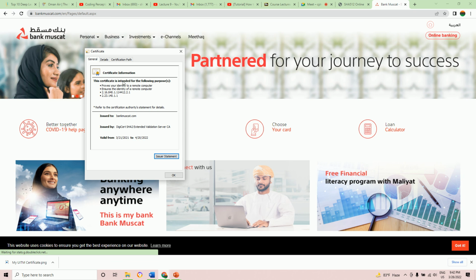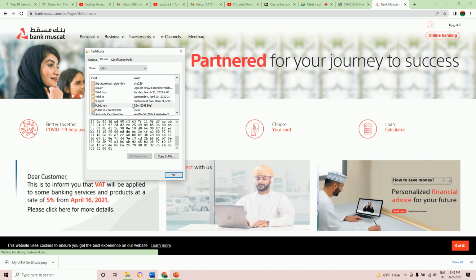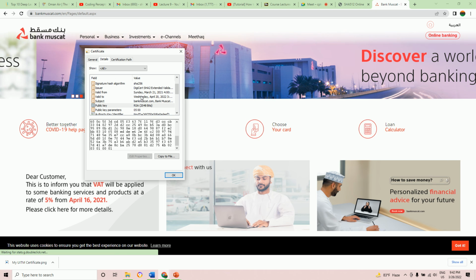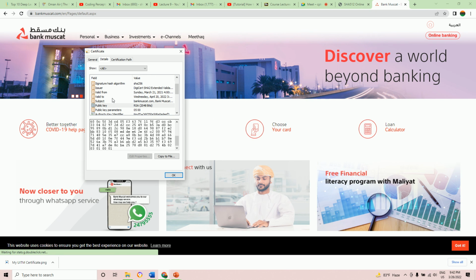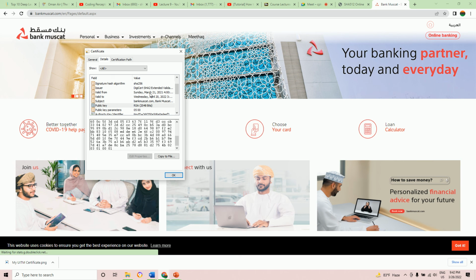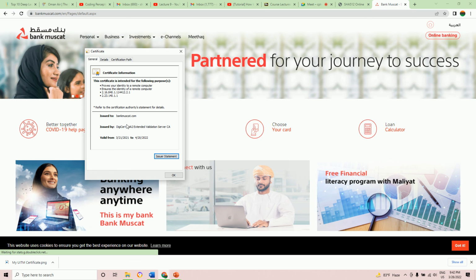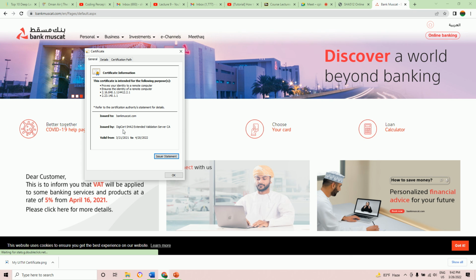The certificate contains a lot of details about the Bank Muscat and also about the different hashing algorithms and encryption algorithms which are used. This certificate is given to the Bank Muscat by a company called DigiCert.